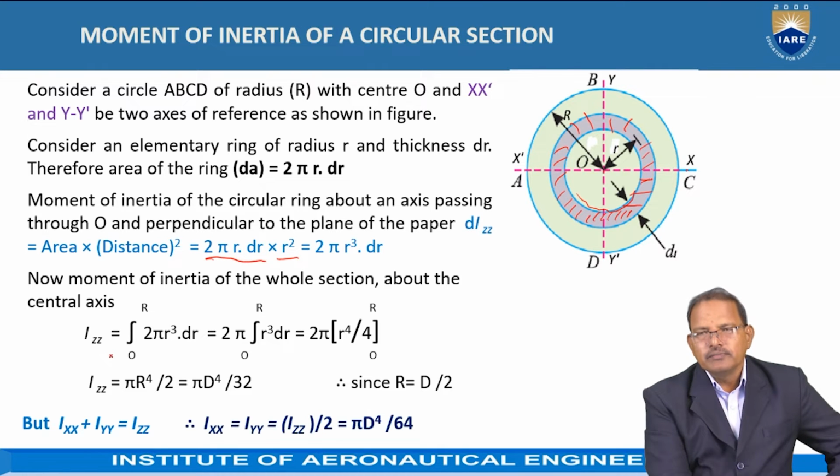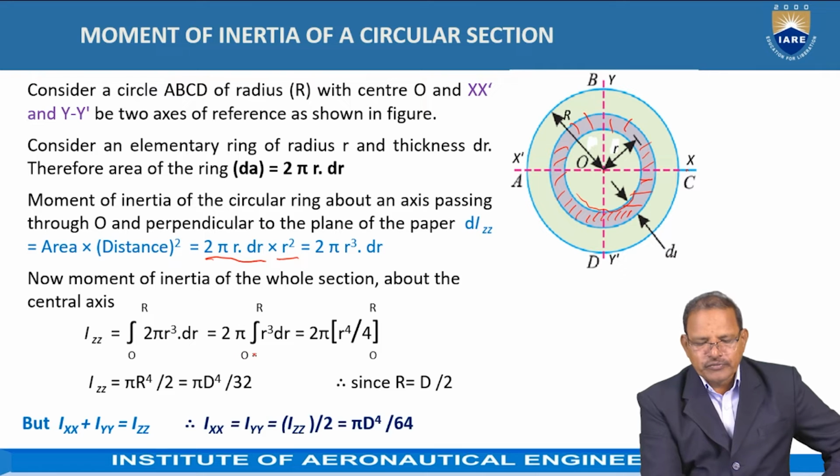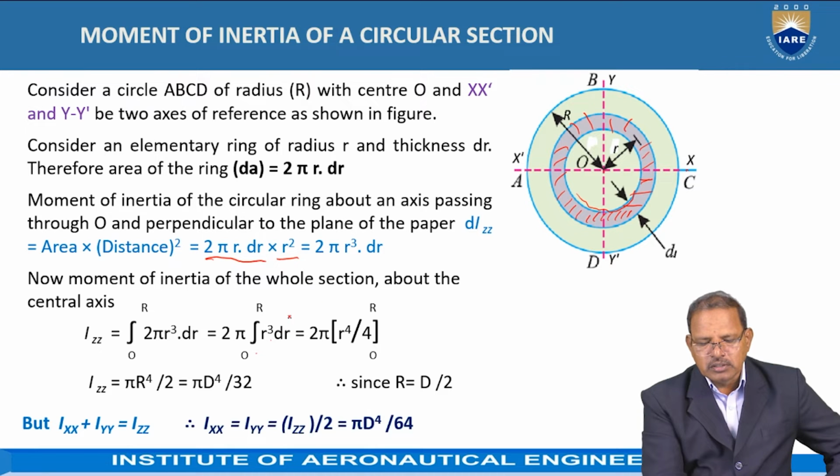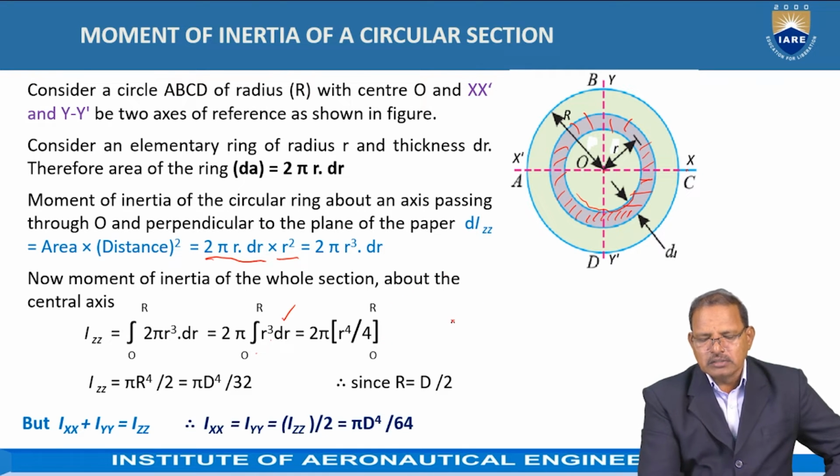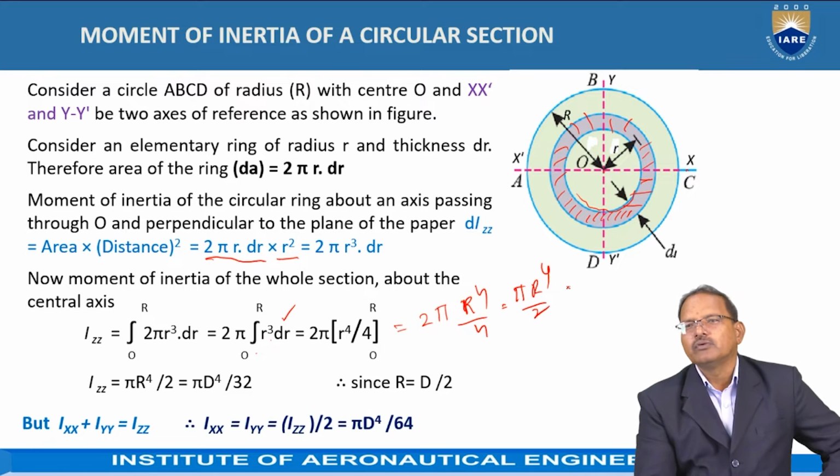So I_z is equal to the integral from 0 to R of 2 pi r cube dr, where 2 pi is a constant, so we write the remaining as the integral of r cube dr. After integration, r cube dr gives r to the power of 4 divided by 4, with the limits 0 to R. Applying them, we get 2 pi R to the power of 4 divided by 4, which is equal to pi R to the power of 4 divided by 2.